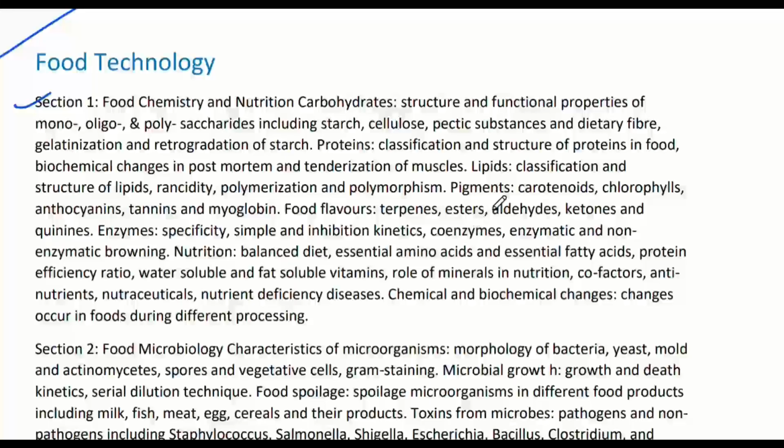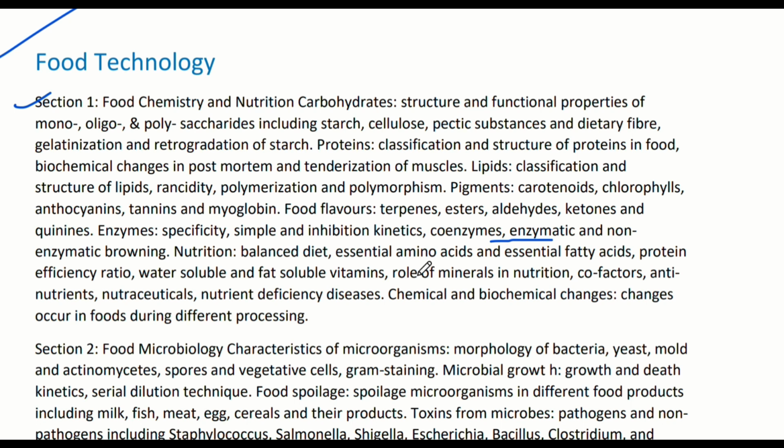Pigments, carotenoids, chlorophylls, anthocyanins, tannins and myoglobin. Food flavors, terpenes, esters, aldehydes, ketones and quinones. Enzymes, specificity, simple and inhibition kinetics, coenzymes, enzymatic and non-enzymatic browning.